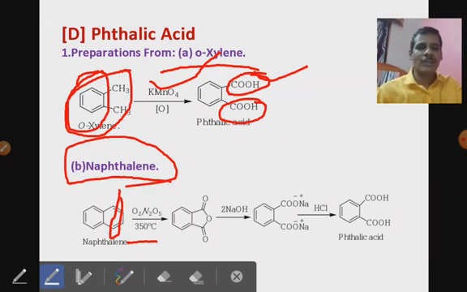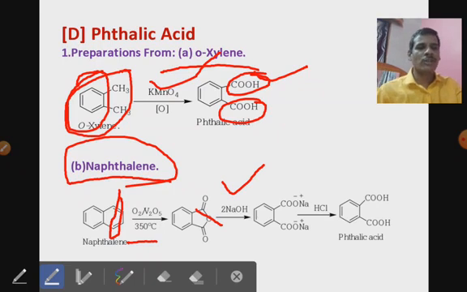One aromatic system, or one benzene ring, remains as it is. When this phthalic anhydride reacts with two molecules of sodium hydroxide, a ring opening reaction takes place and there is formation of the disodium salt, the sodium salt of the corresponding phthalic acid.